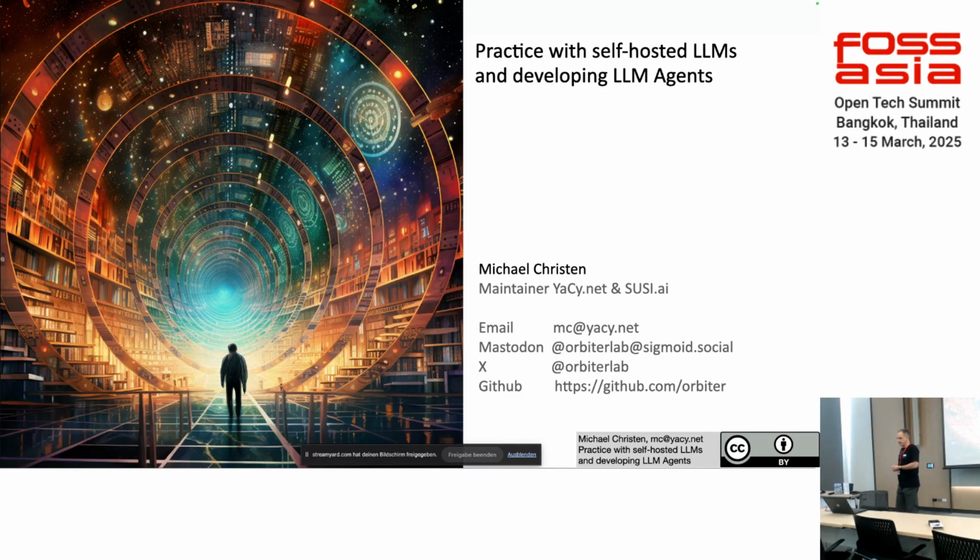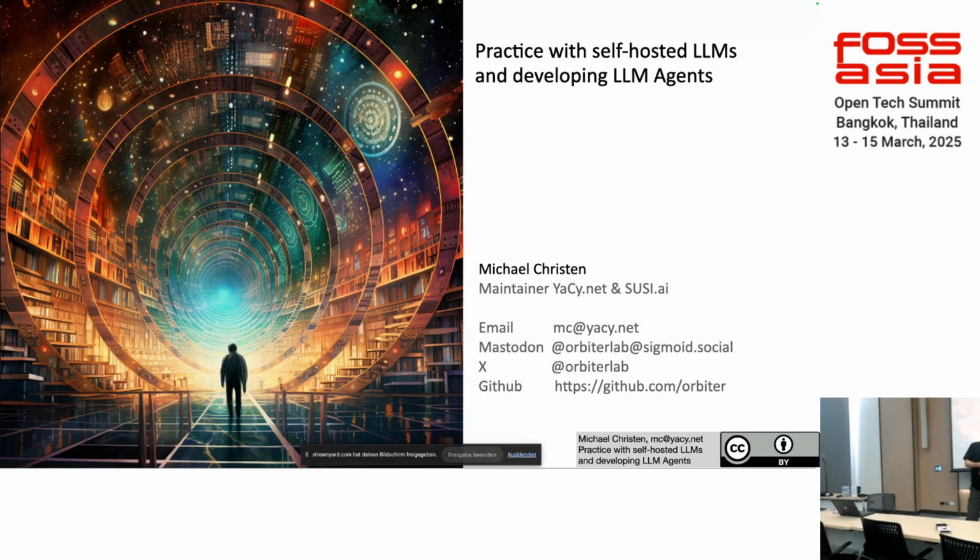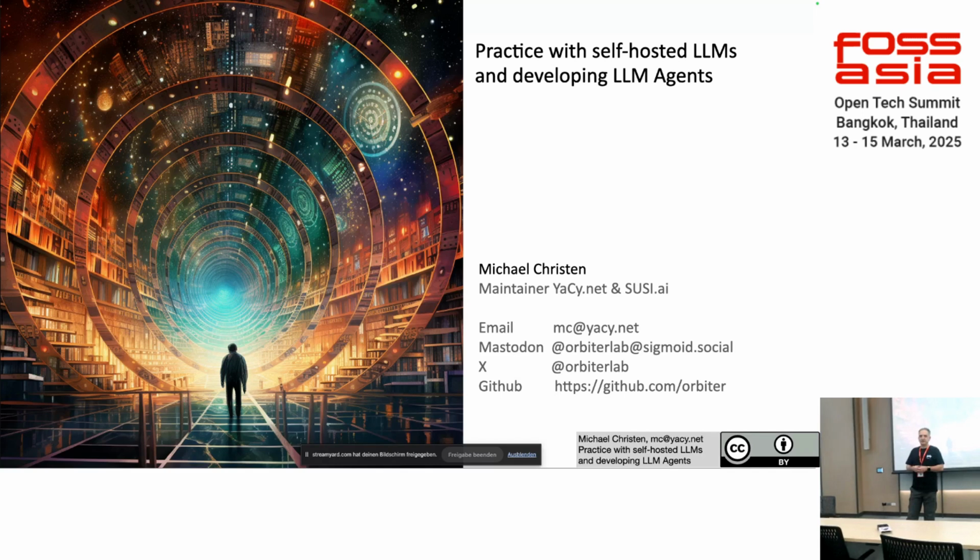So sometimes there is the impression that AI and chat applications and large language models need such powerful hardware that it's of course only possible to do this on a cloud device or using an API. But that's not true.